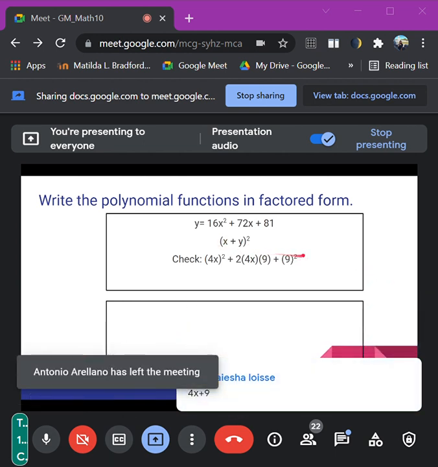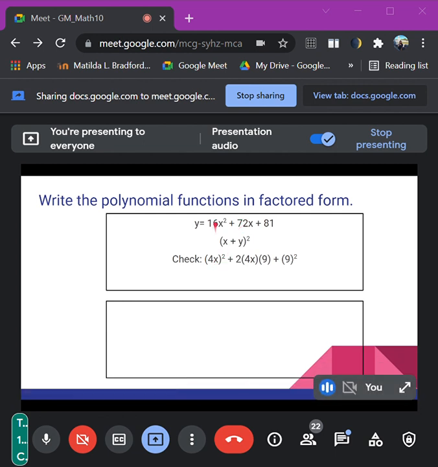We substitute 4x squared, since we took the square root. And then plus, your xy in the middle, that is 4x times 9. Your y is the square root of 81, that is 9. And then your 9 squared, your y squared.